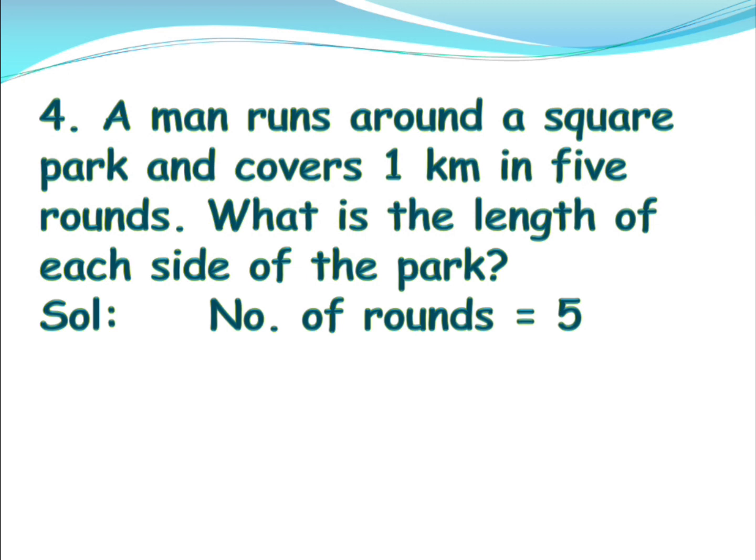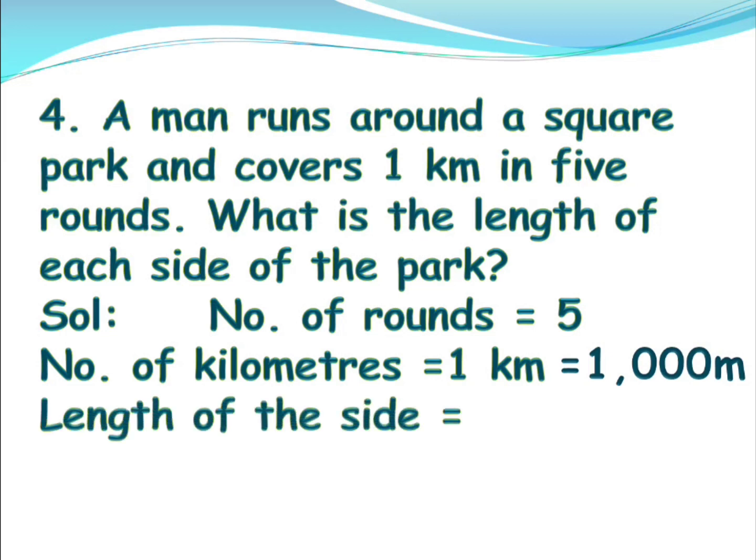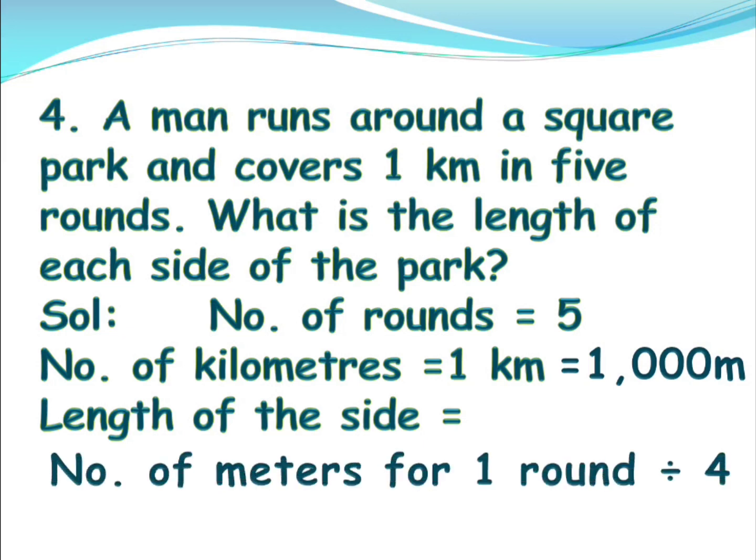So number of rounds is equal to 5 and number of kilometers is 1 kilometer. So we have to convert into meters, and 1 kilometer is equal to 1000 meters. You have already learned this, isn't it, children? 1000 meters. Now length of the side of the park will be equal to the number of meters for one round divided by 4.